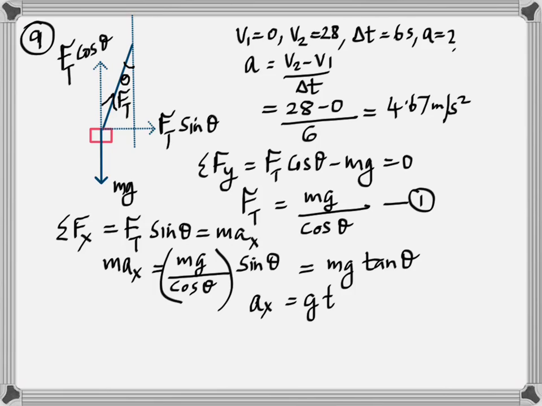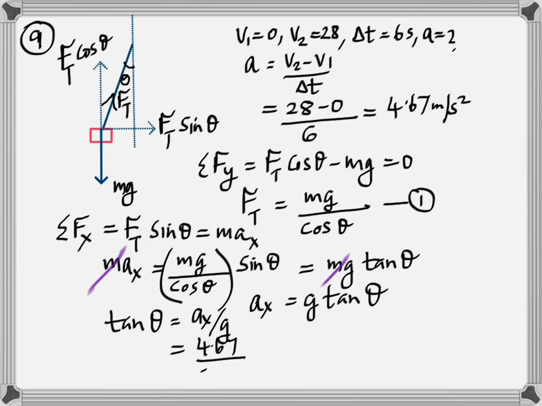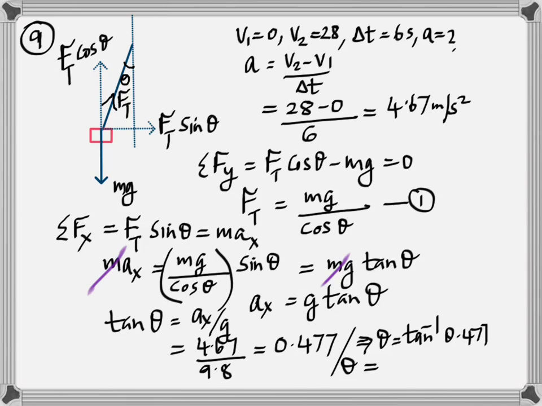Therefore, the acceleration along the x-axis is, well, the masses get cancelled out, and so tan theta is ax by g. On taking the inverse of that, you get 25 degrees.